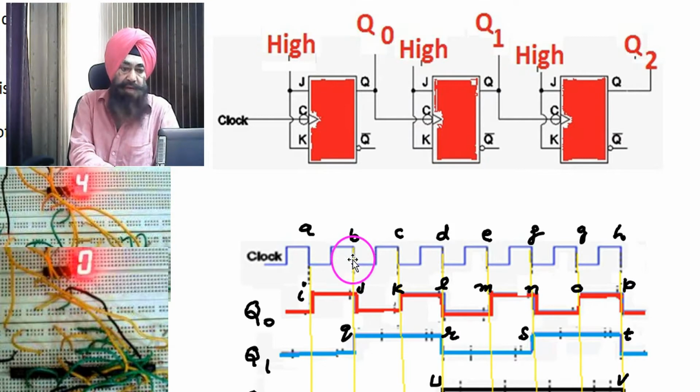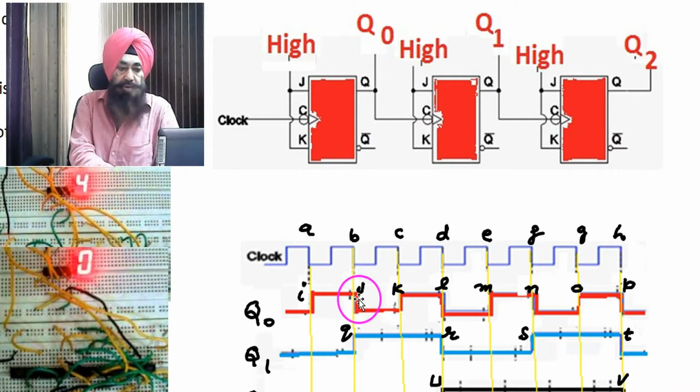When the next falling edge arrives, it toggles again, from high to low. Again at the next falling edge it goes from low to high, and then from high to low, and it repeats. This is the output of the first flip-flop, Q0.